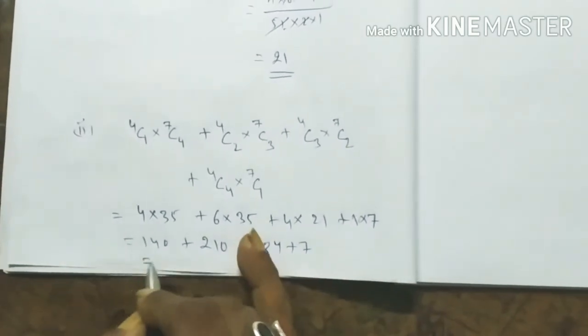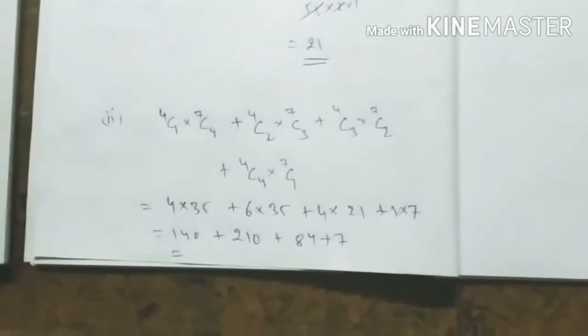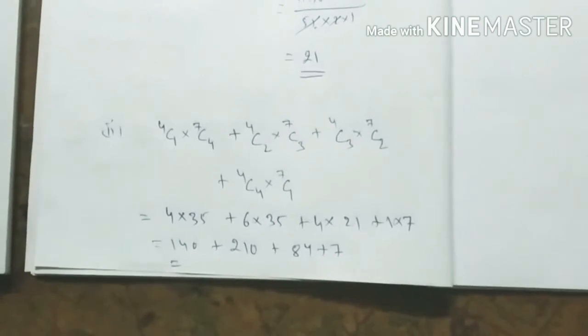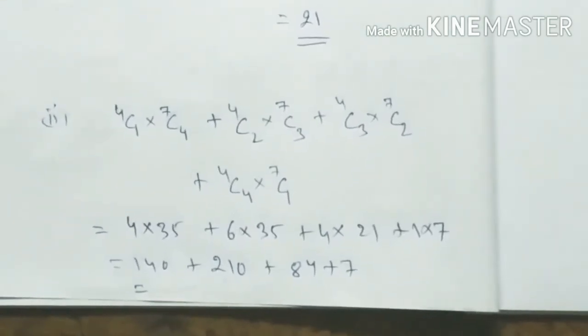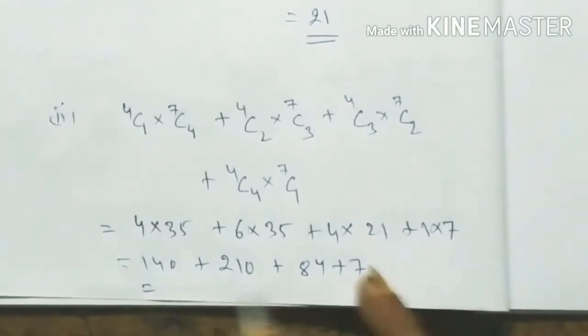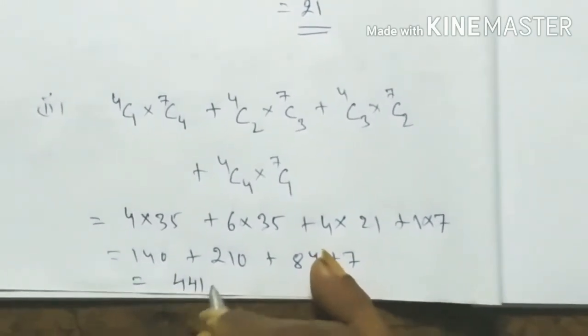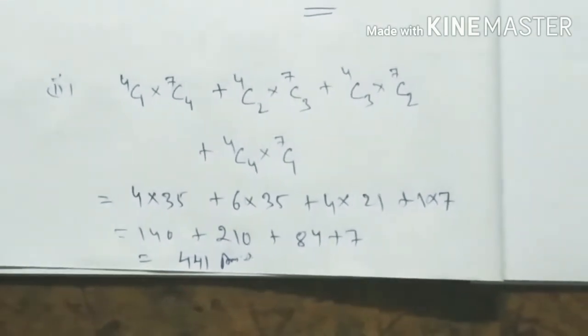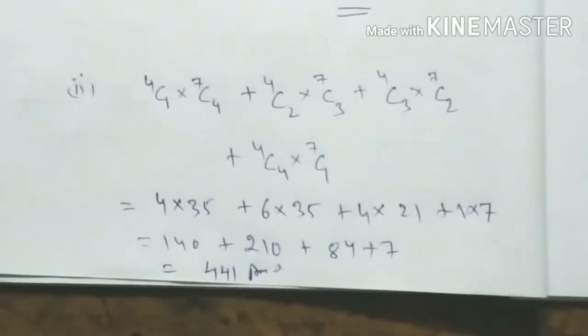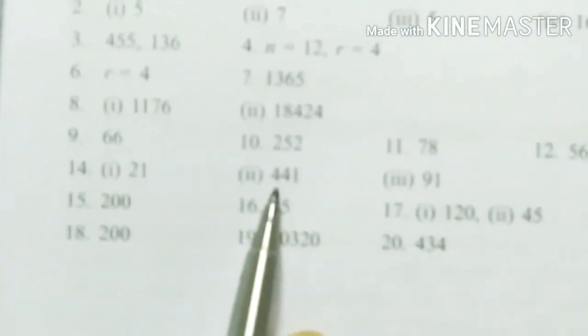So this comes out to be 140 plus 210 plus 84 plus 7. That is equal to 441. This is your answer. Let me see the back answer. Back answer for 14 second part is 441.